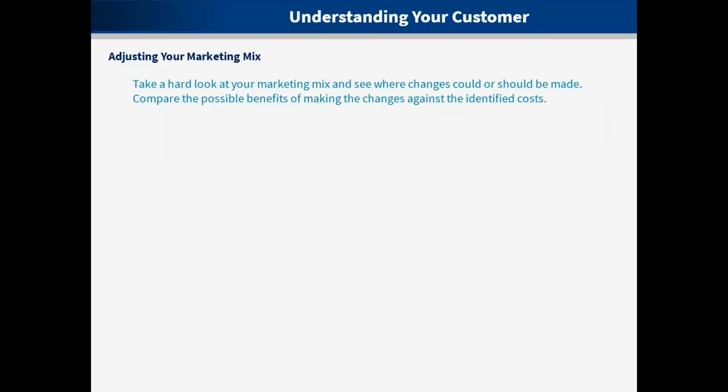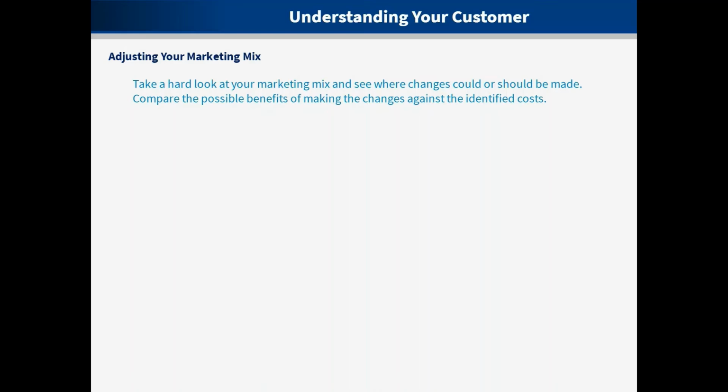After identifying your customers and developing your unique value proposition, you should take a hard look at the marketing mix that makes up your marketing campaign and see where changes could or should be made. Start by evaluating sales performance against your original marketing plan. If it's still working well and addresses the consumers you have targeted, then little needs to be done.